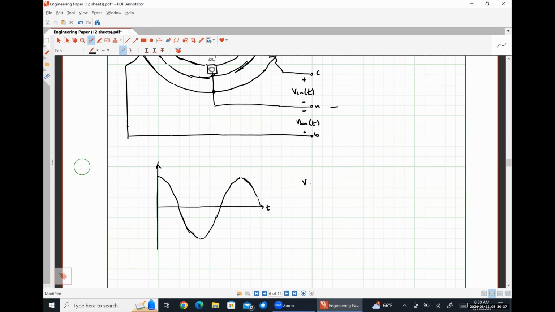So our voltage VAN of T could be expressed as some magnitude. So I'm going to call this VM lowercase a.